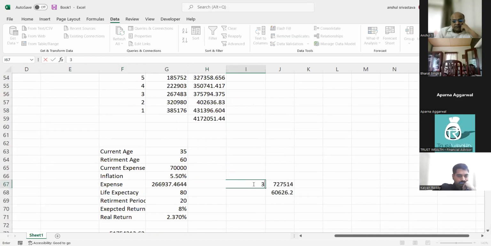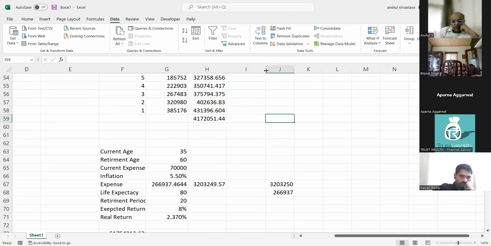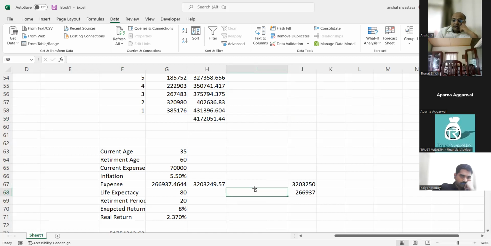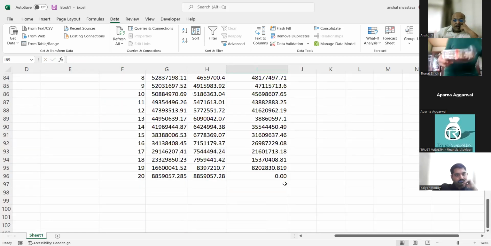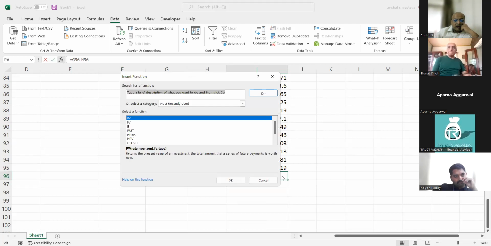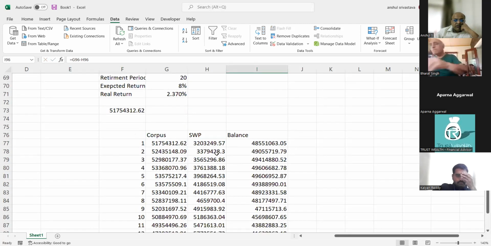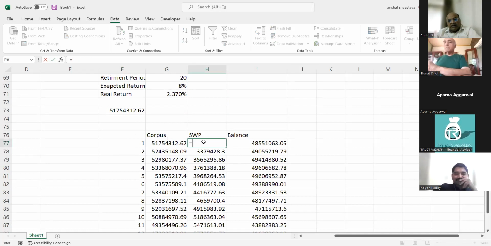Shall we check it through the goal seek only? Goal seek, yeah. Instead of 0, let's try that goal seek function. 3203249.57. Now fx, this value is there, and here given.